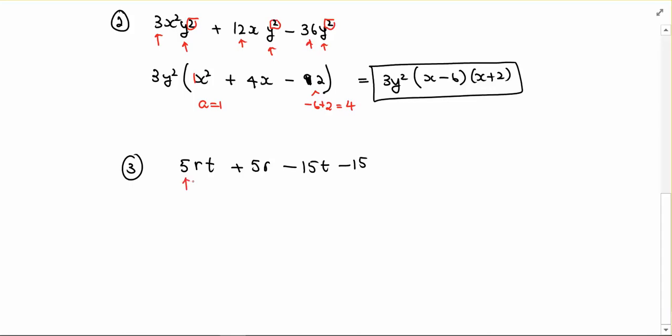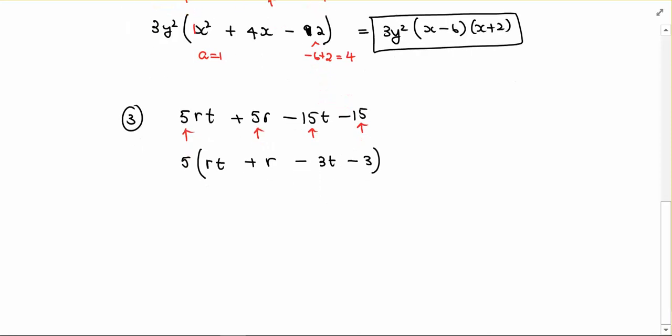I see a 5 there, and a 5 there, so certainly I can take out a 5. No letters are common all the way through. So this is going to give me rt plus r minus 3t minus 3. I'm going to factor this by grouping because it's four terms.